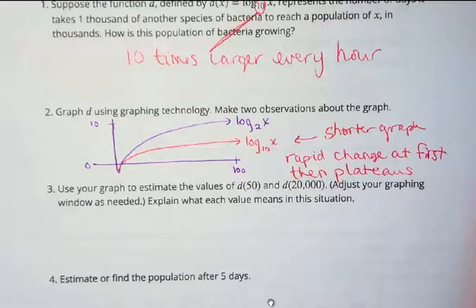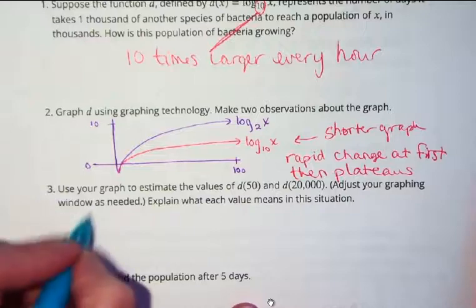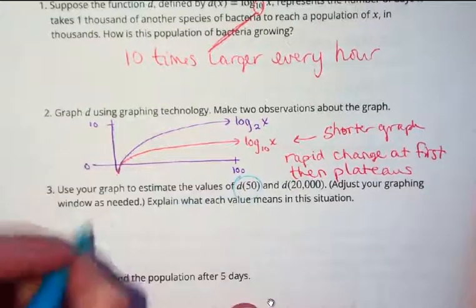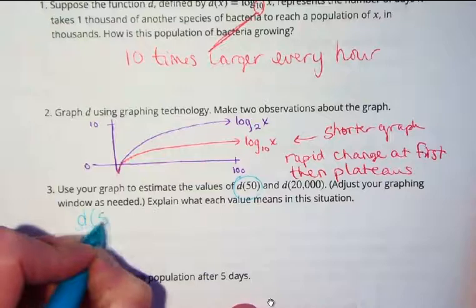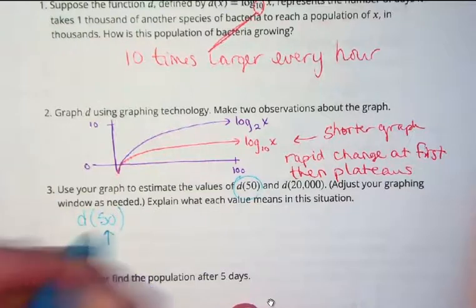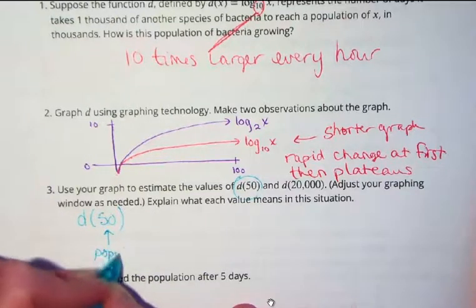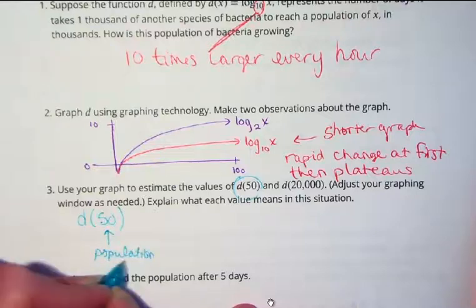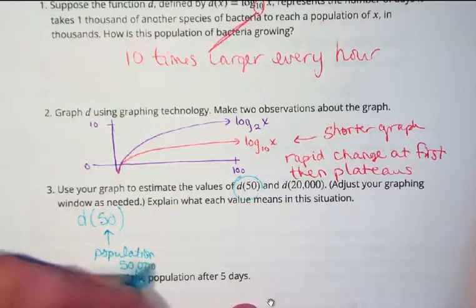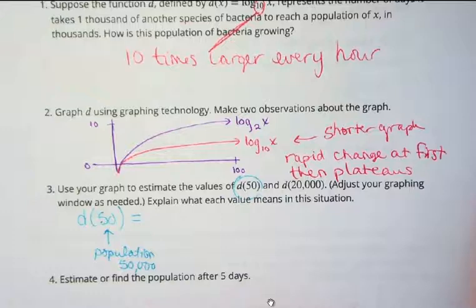Using our graph to estimate some of these values, d of 50, that means that we want to know here, I'm going to interpret this input output. d of 50 is telling us that the population is 50,000. And our output is going to tell us how many hours it takes to get to a population of 50,000.